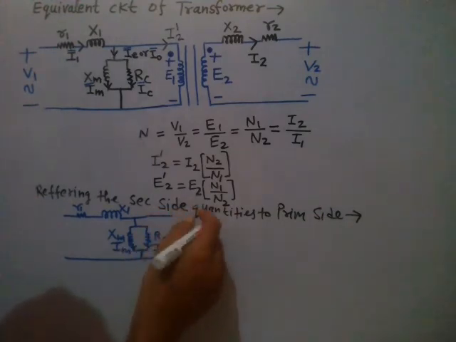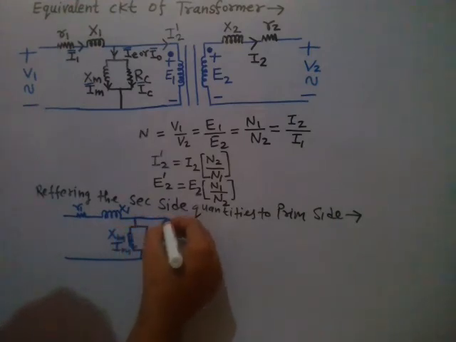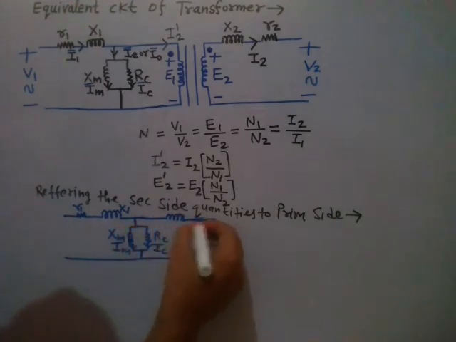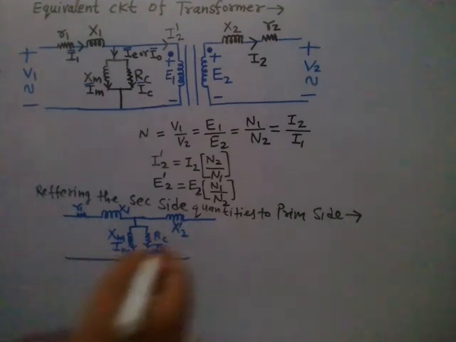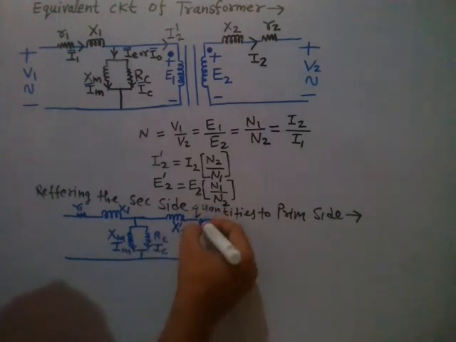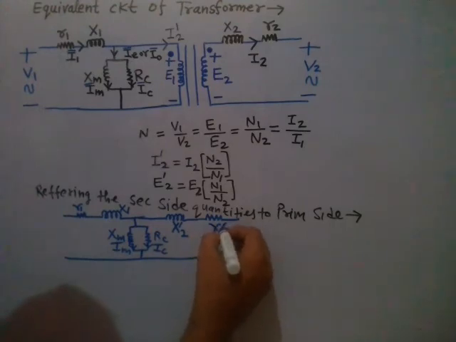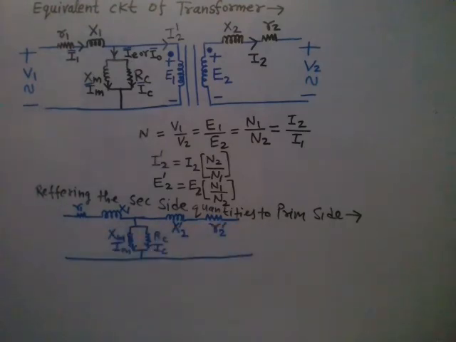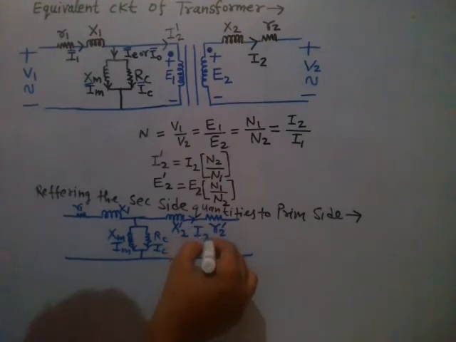And when you refer the secondary side quantity to the primary side, you will write like this. This is the secondary side leakage reactance X2 dash, and here this is the secondary side resistance of the winding R2 dash, right? Secondary side current I2 dash like this.